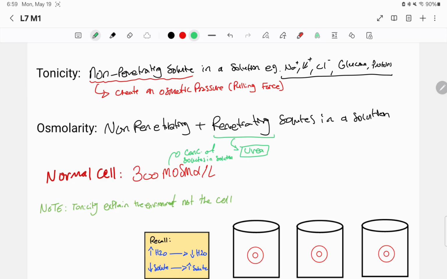It's a unit of measurement. It's the exact same as saying, for example, millimoles per liter or moles per liter. Now, for a basic understanding of what a mole is, it's basically a number. You know how sometimes we say, I have a dozen eggs. What does a dozen refer to? It's referring to a specific number, which is 12.